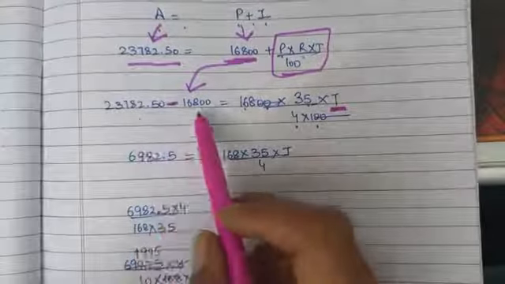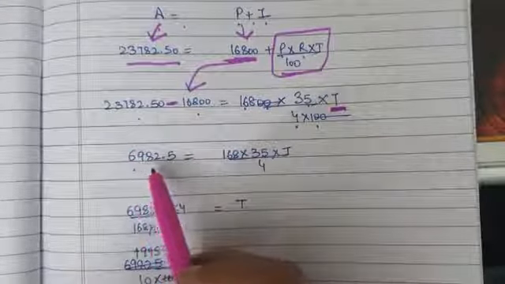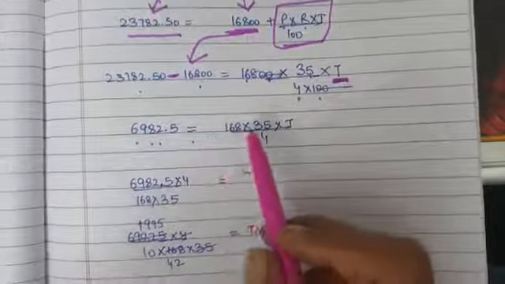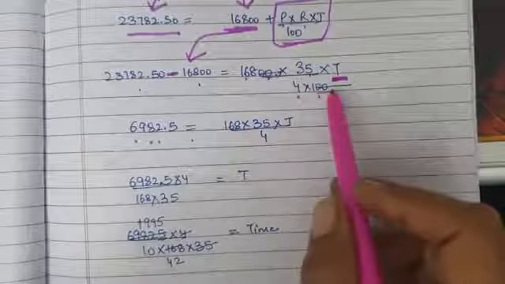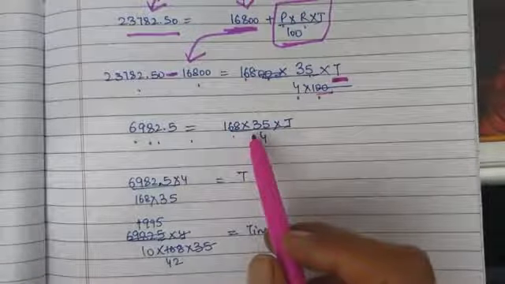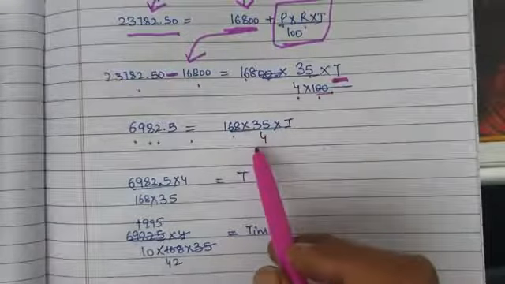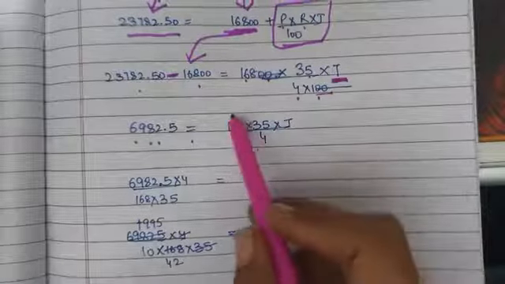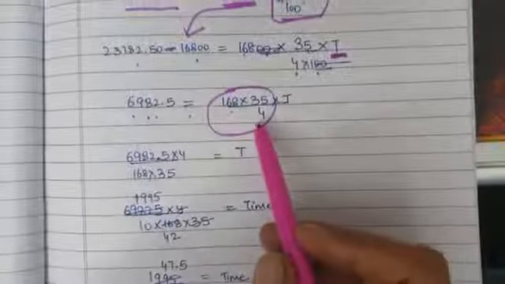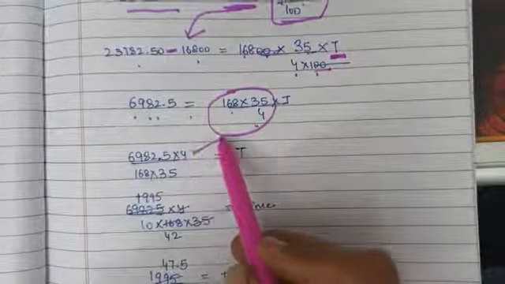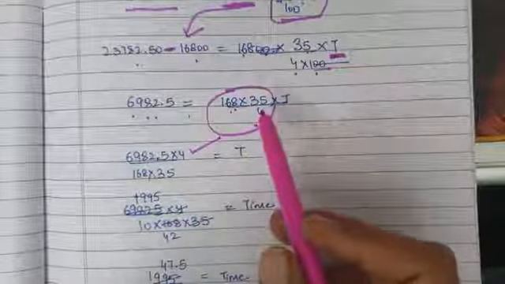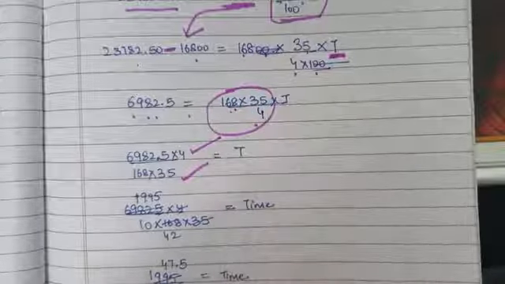So now on subtraction, we get 6,982.5 is equals to, the two zeros cancel with the 100, so we get 168 into 35 into time upon 4. Now shift all the numerical values to that side. 4 in the denominator will go in the numerator. 168 and 35 in the numerator will go in the denominator.